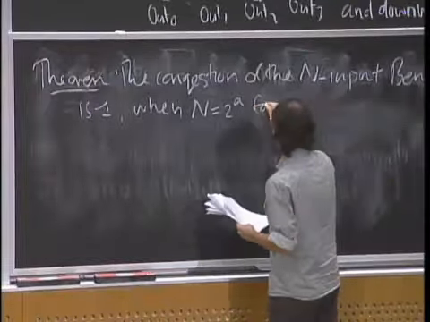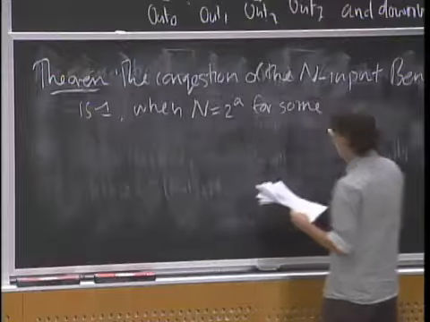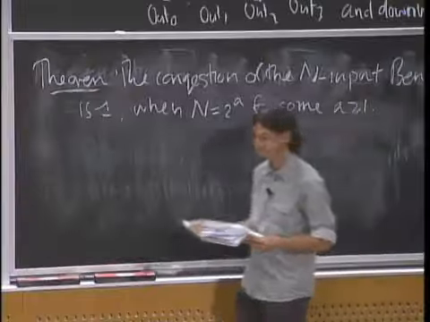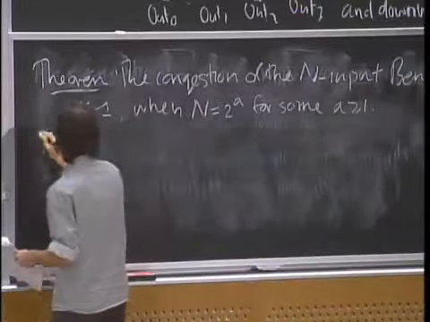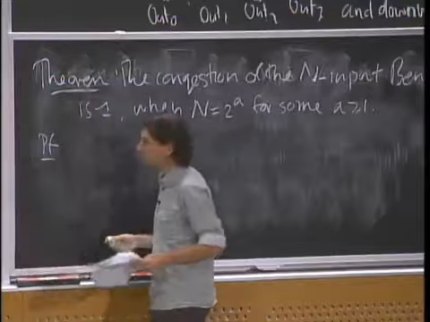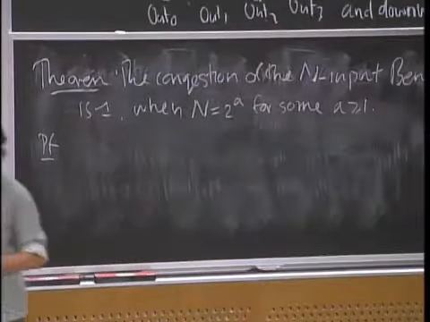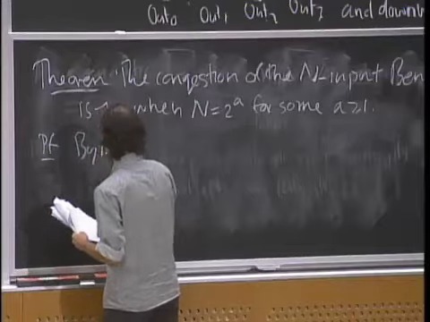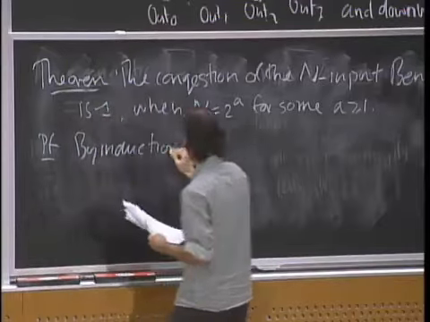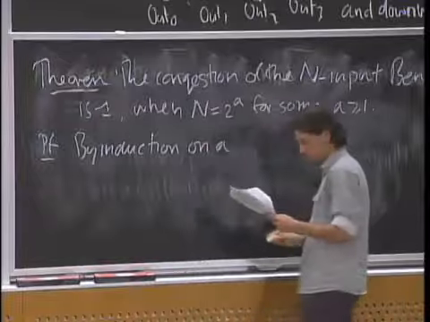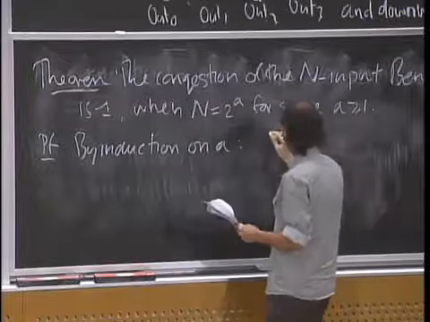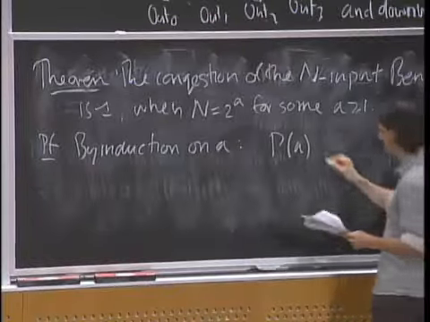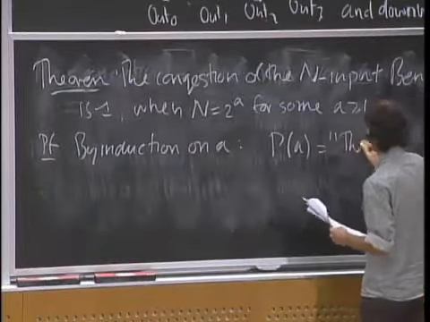And in this case, we will use induction on a. So that's the method that we will do, because that's also the recursive structure of the Beneš network itself. So we will use induction on a, and we're going to define the induction hypothesis simply as the theorem is true for a.